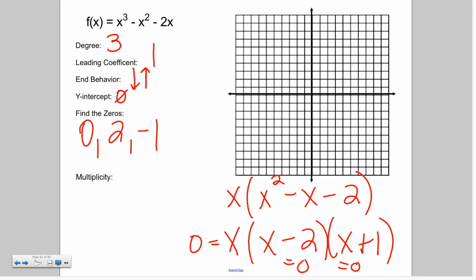In my multiplicity, nothing repeated, but I have 3 terms. So I'm going to put all that on my graph. My zeros are 0, 2, and -1. My y-intercept is also at 0, but I've already got a point there. And my end behavior is going to start low and end high.